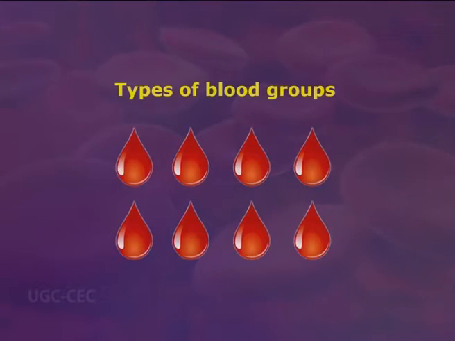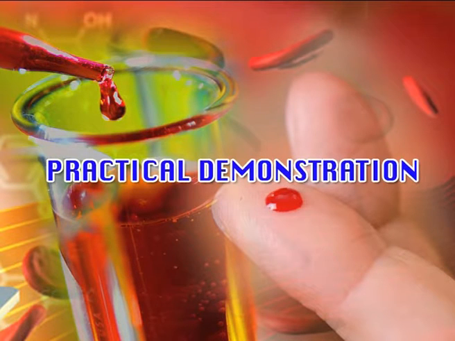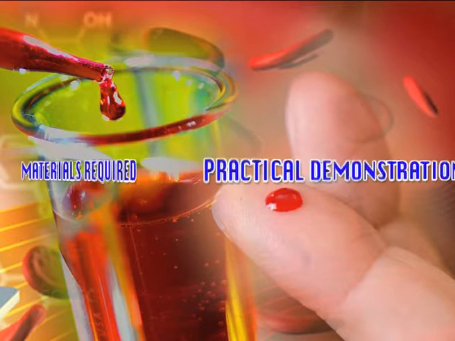There are 8 possible types: O positive, O negative, A positive, A negative, B positive, B negative, AB positive and AB negative. With this information, we will go for practical demonstration.